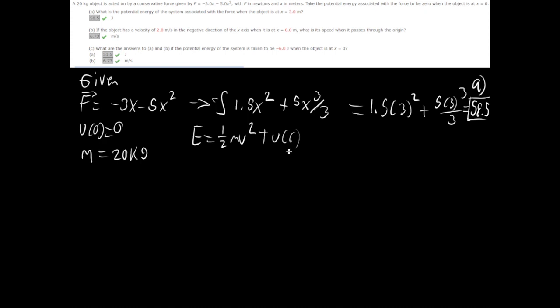So potential energy at 6. And it gives us the velocity. So this is going to be 1/2 times 20 times 2 squared plus this, but at 6.